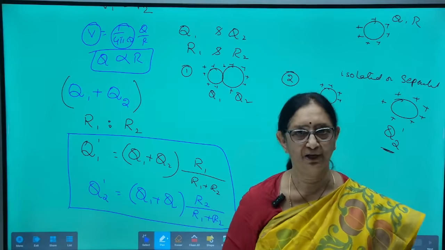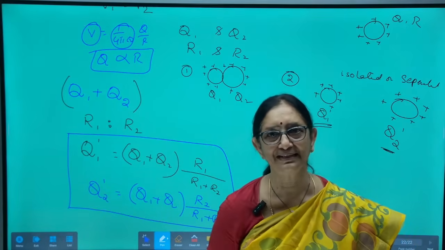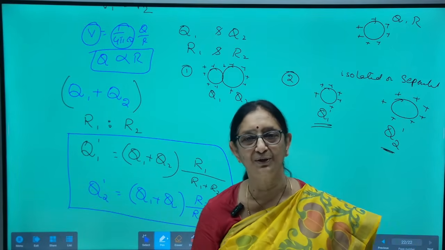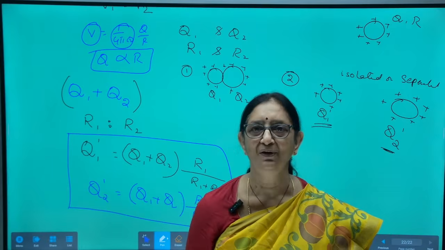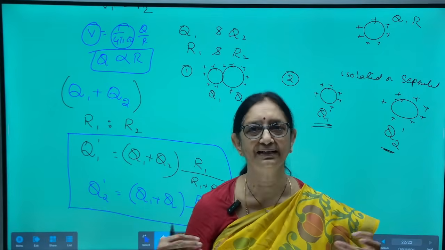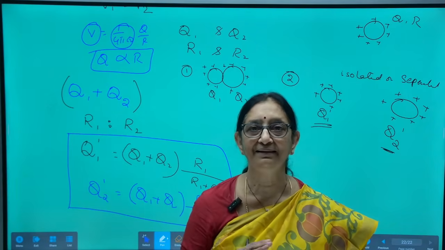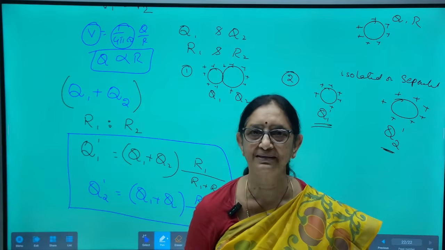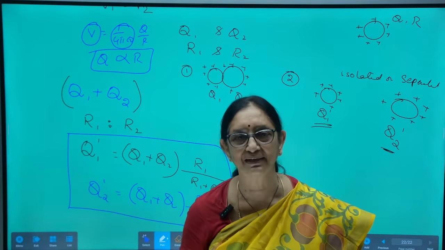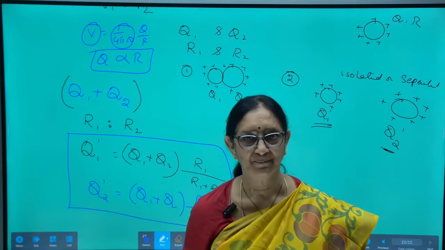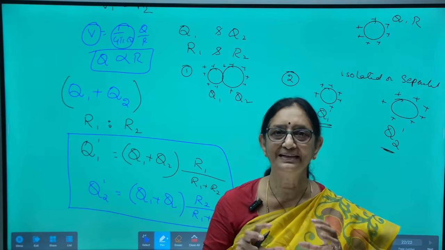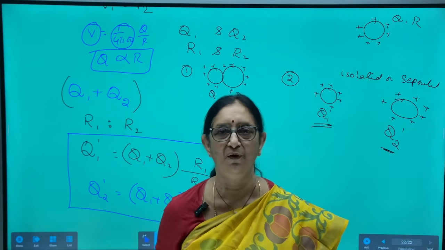So, look here, when two charged spheres of charges q1, q2, radii r1, r2 are placed in contact with each other and separated, then redistribution of charge takes place till they acquire a common potential. Then the charge divides in the ratio of their radii.